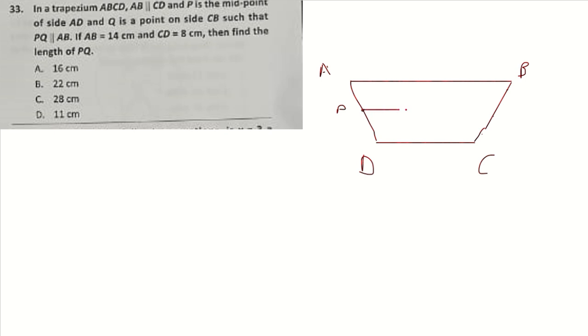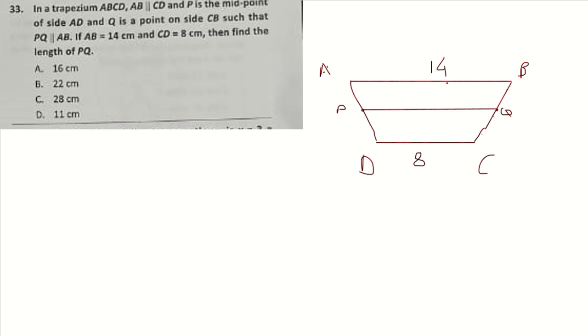That means there's only one possibility of Q on the line segment BC where PQ is parallel to AB.